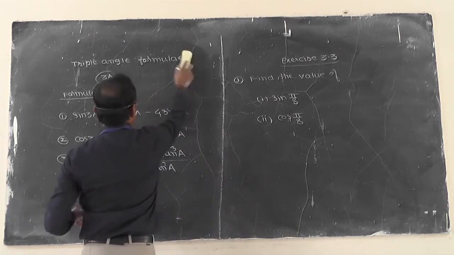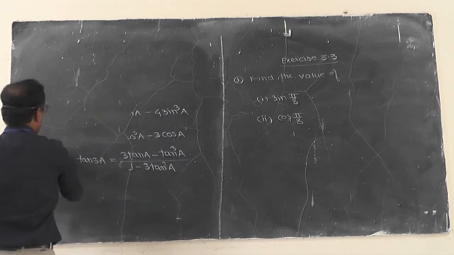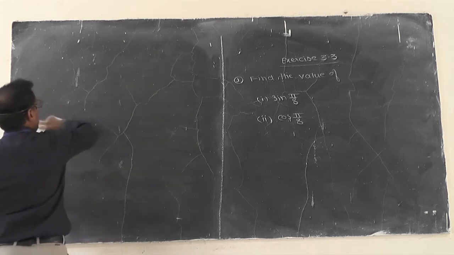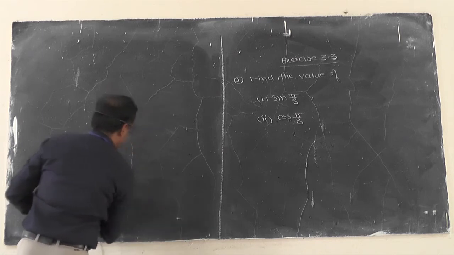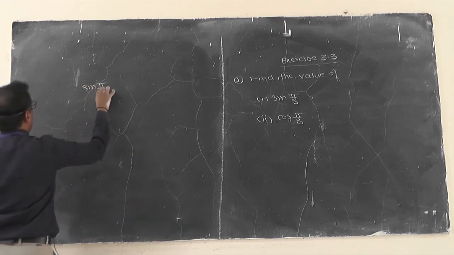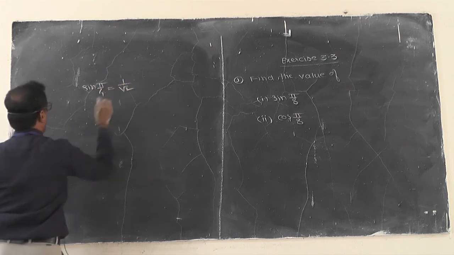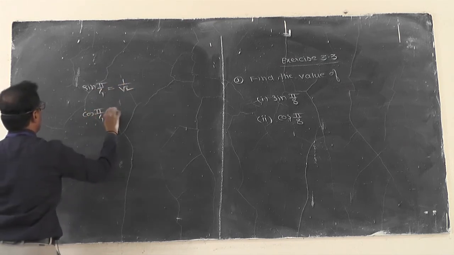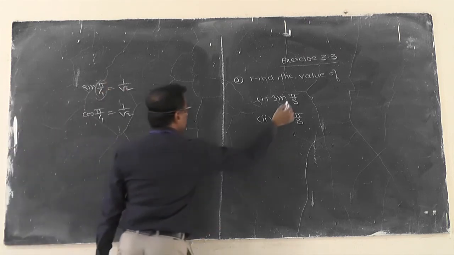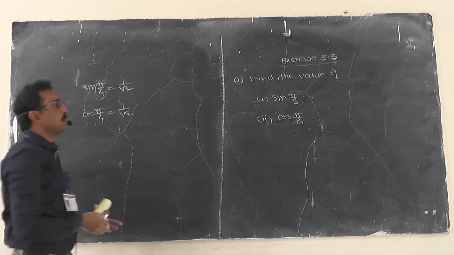Now the current article is double angle and triple angle formulae. I think these values we know. Sin pi by 4 is 1 by root 2 and cos pi by 4 is 1 by root 2, and I think you know the relation between pi by 4 and pi by 8.